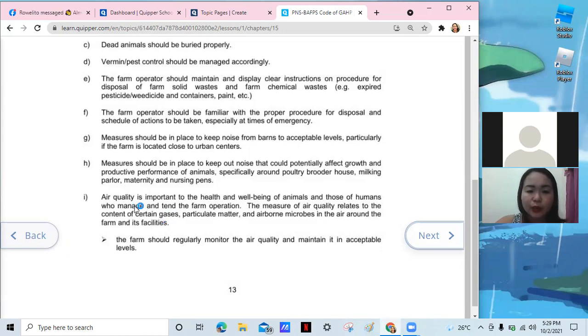And then air quality is one important for health and well-being ng animals natin and those of humans also na nagmamanage in the farm.